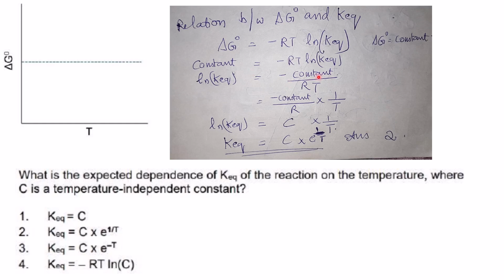So ln K equilibrium equals minus constant by R into 1 by T, and I am taking minus constant by R as a constant, into 1 by T. Now you have to change this ln, and you can use the e value here. So K equilibrium is equal to C into e raised to 1 by T. So that makes 2 your answer.